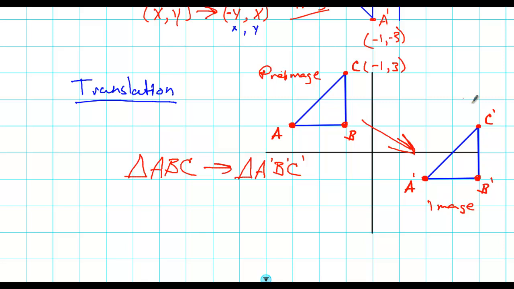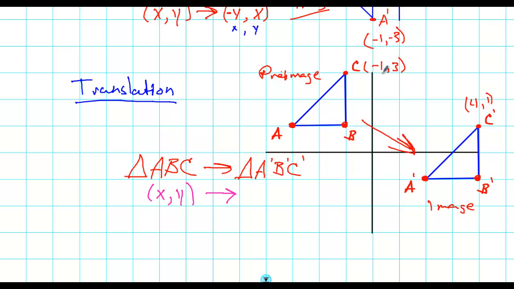So point C is -1, 3, and point C prime is 4, 1. So you can take a minute and look at it and see if you can figure out some kind of flip-flop, like the x's and the y's flip and that kind of stuff. But I'm going to go ahead and give you a little heads up that that is not how it happens. So the translations are different, and I think they're by far the easiest kind.